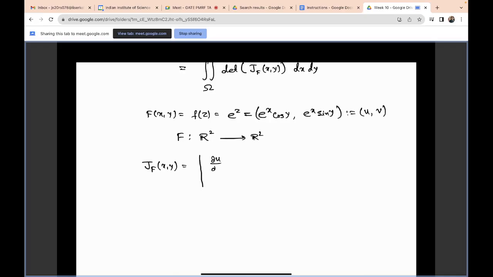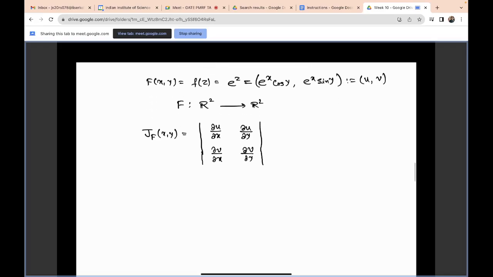Then it will be the determinant of del u del x, del u del y, del v del x, del v del y. Del u del x is e to the power x cos y, del u del y is minus e to the power x sin y.